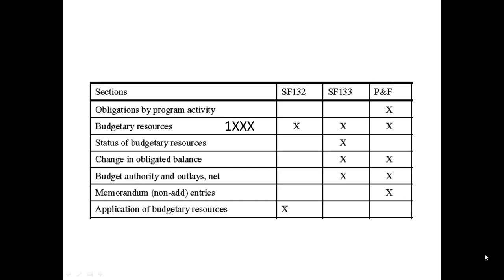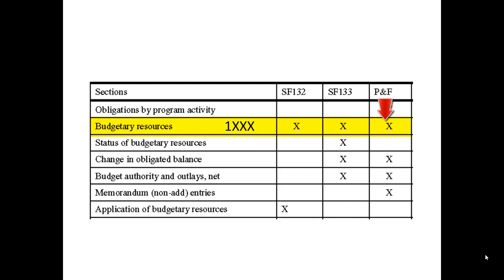Both types of transfer affect budgetary resources, which are reflected in line numbers in the 1000 series. These appear on the SF-132, the SF-133, and the P&F, or Program and Financing Schedule.